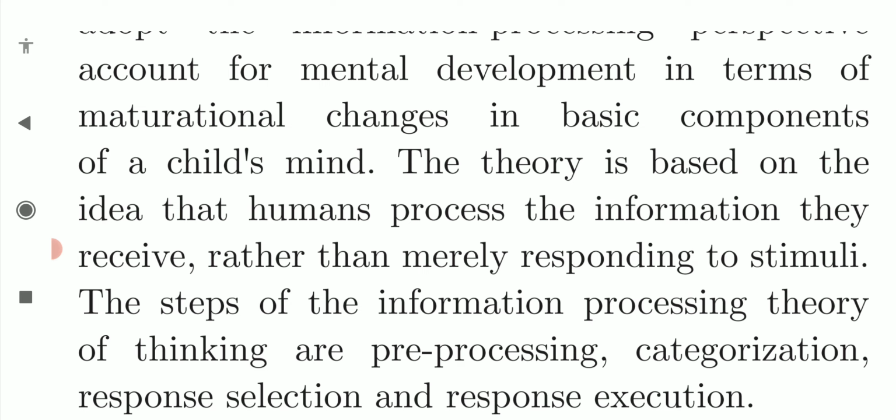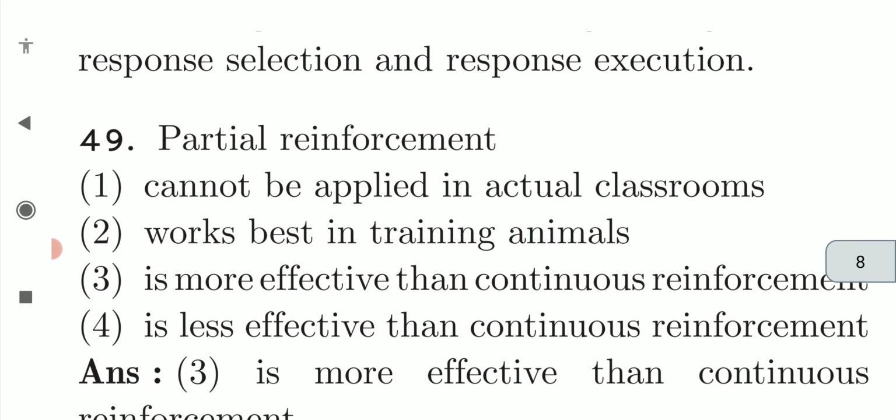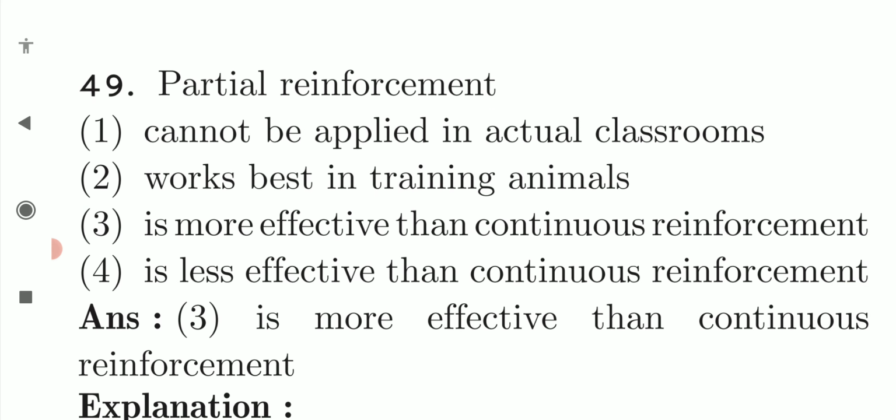The theory is based on the idea that humans process the information they receive rather than merely responding to stimuli. Instead of just responding, they are processing the information. The steps are pre-processing, categorizing, response selection, and response execution.